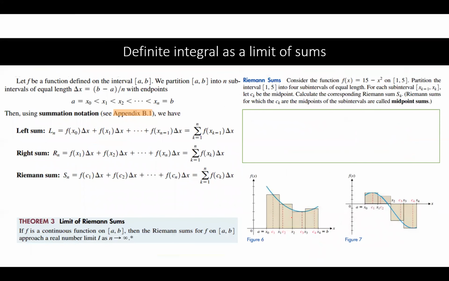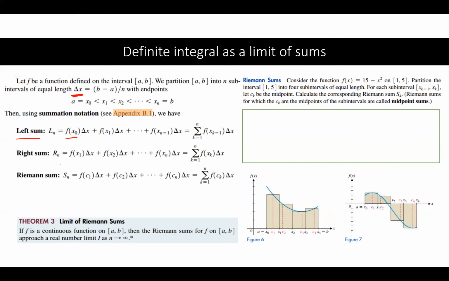All right, so let's look at it in more depth. We have different summations. The left sum is something we can abstract. This is our delta x, the interval of the rectangles, and then we have different points here.